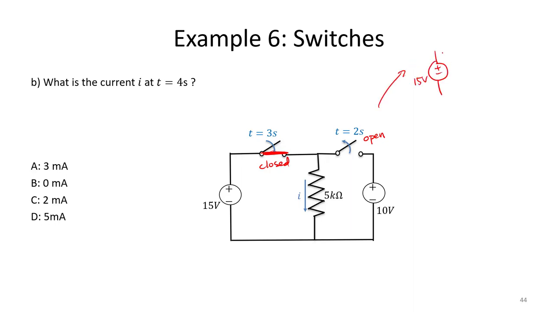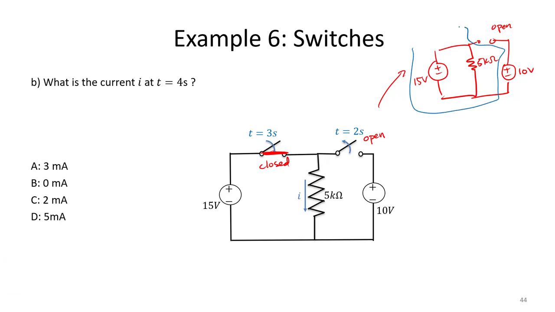We have our 15-volt source, our 5 kilo ohm resistor, and notice this time our 10-volt source is completely isolated. No current flows through that right branch. So it's as if our circuit looked like this.